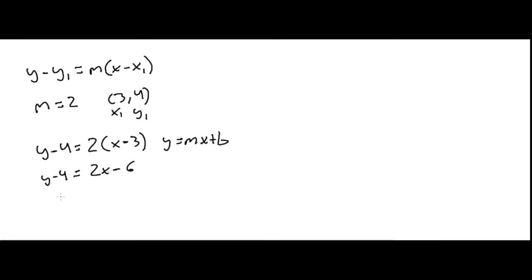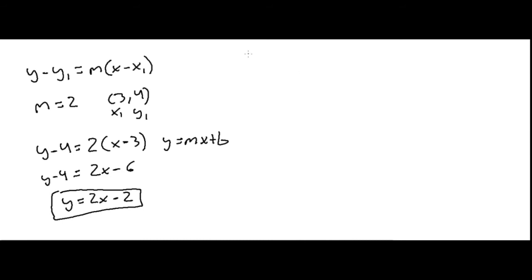Add 4 to both sides, so we'll have y equals 2x minus 2. So this would be the line that would go through the point 3, 4 and have a slope of 2.